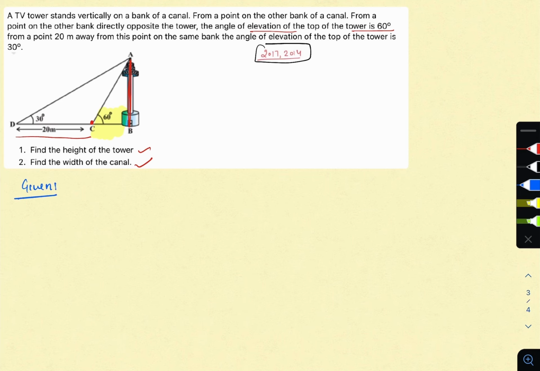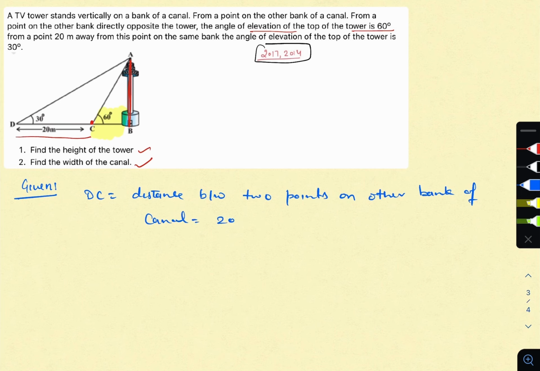What we have here, you can write DC, or DC is equal to what? The distance between two points on the other bank of the canal.